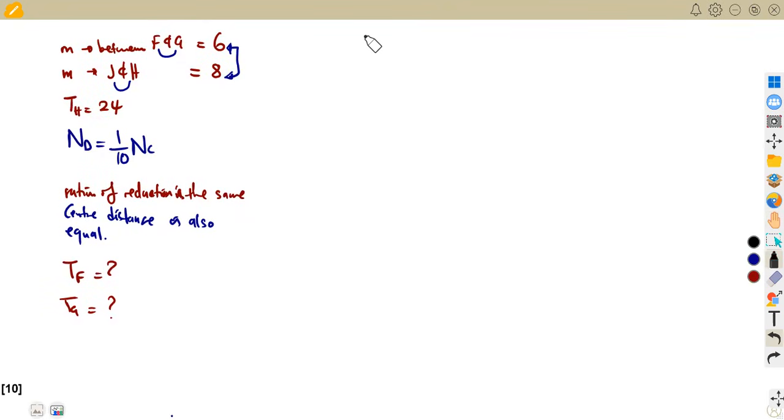We know that the input speed over the output speed in this case is going to be equal to the number of teeth of the driven gears on top.